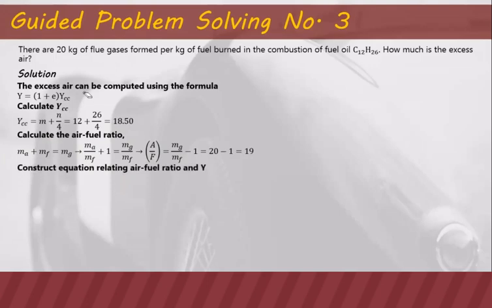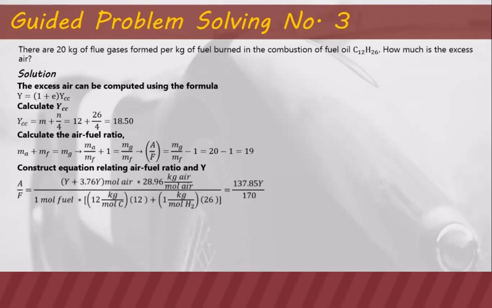Next, we can construct the equation relating the air-fuel ratio to y. And we all know that the air-fuel ratio is equal to y plus 3.76y, multiplied by 28.96, divided by the mass of the fuel, that is 1 mole of fuel times the molar mass.